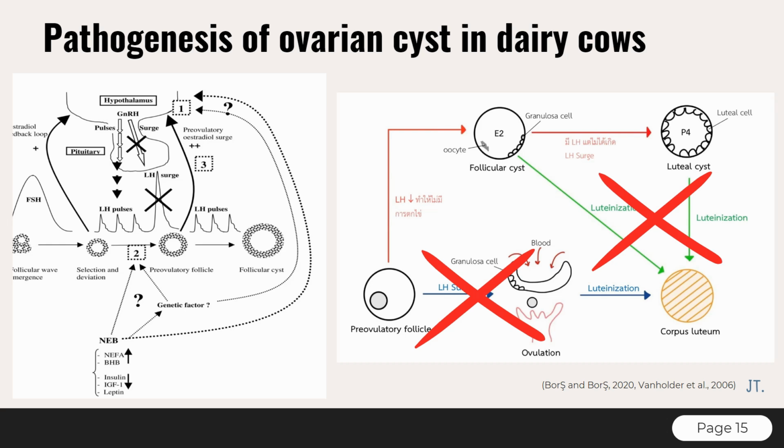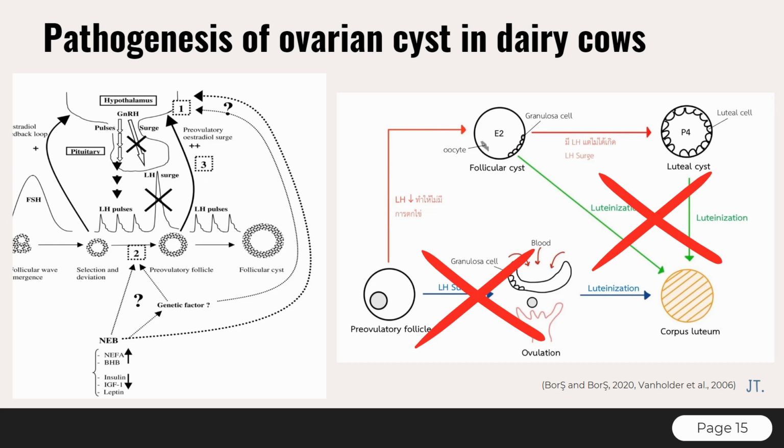The pituitary gland secretes LH in the normal state, and LH causes ovulation and luteinization, which causes granulosa cell differentiation to lutein cells and normal corpus luteum in the ovary. If there is no LH, there is anovulation. Anovulation leads to oocyte atrophy. There is only large liquid accumulation in the follicle. The cell wall is granulosa cell and secretes estrogen that causes frequent heat in dairy cows.